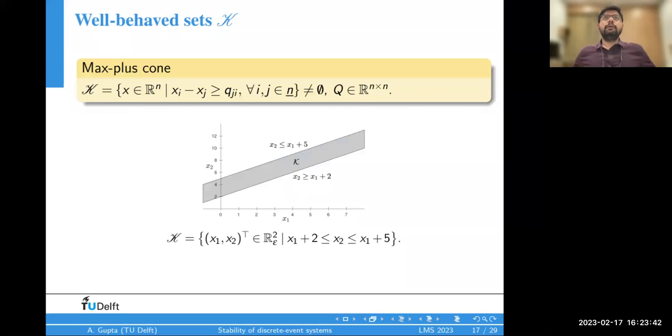Okay, so I can make my life easier, because I consider a simpler system, and this is where max plus theory helps me a lot.